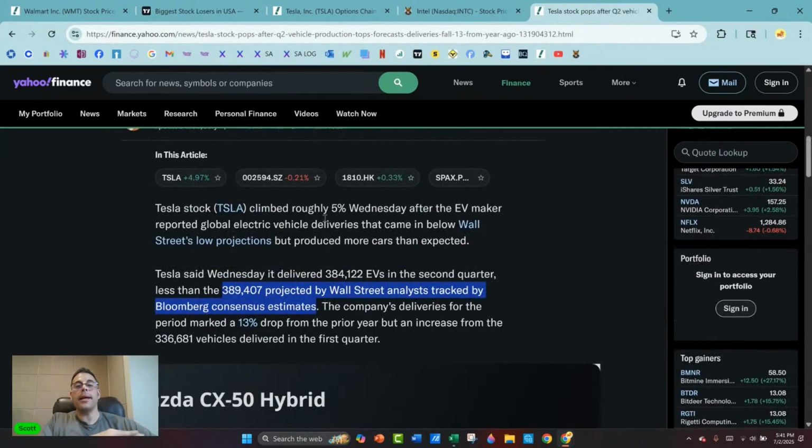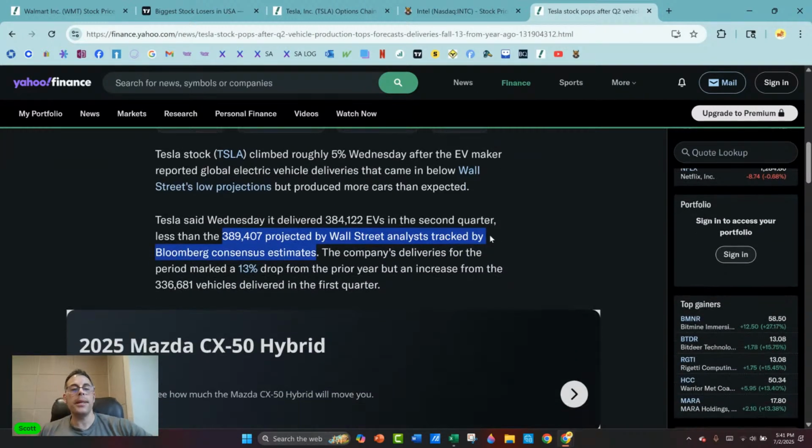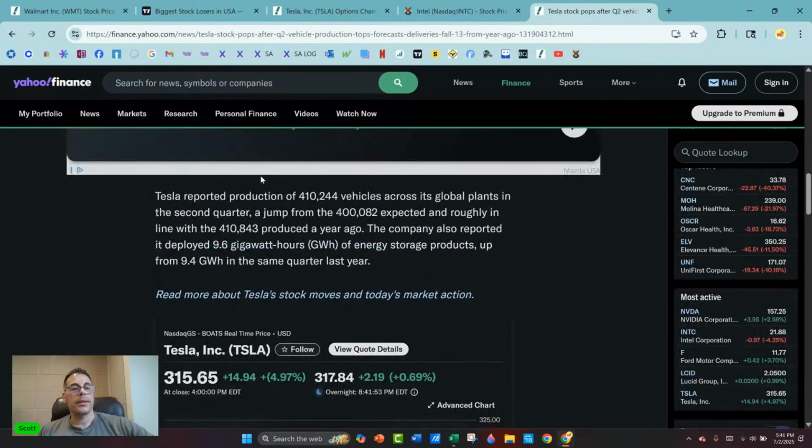They fell short of the target, but the forecast for the future is higher. The company's deliveries for the period marked a 13% drop from the prior year, but an increase in vehicles delivered in the first quarter. Tesla reported production of 410,000 vehicles across its global plants in the second quarter, versus 400,000 expected, roughly in line.